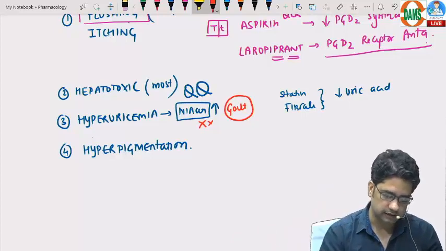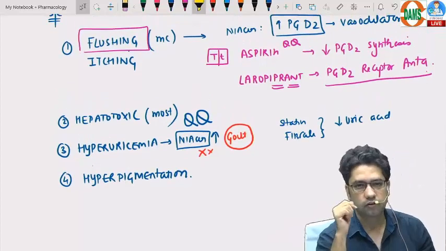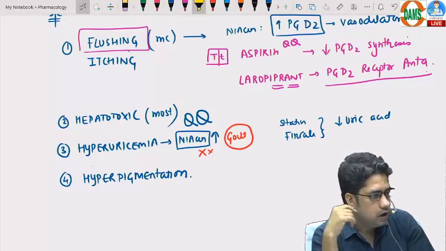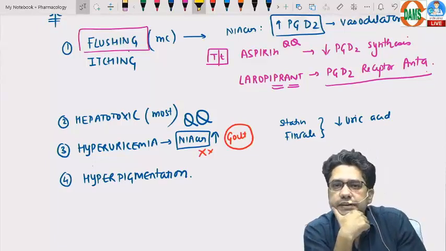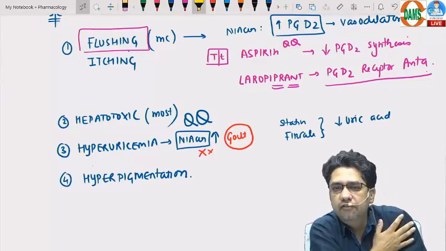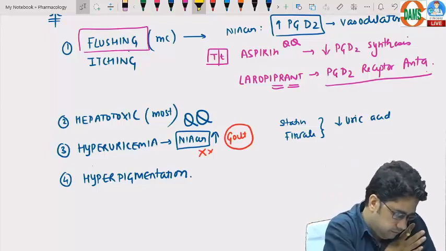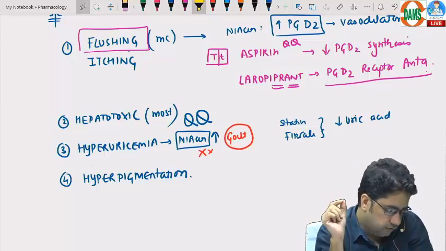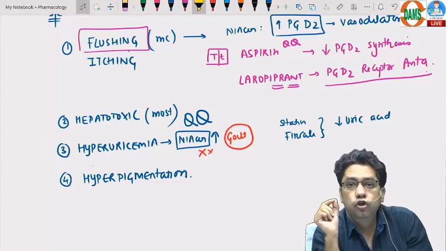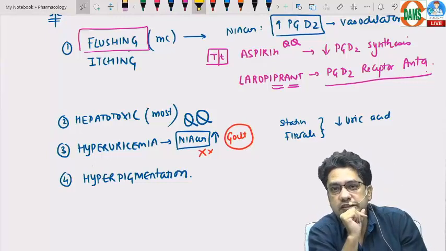My question now is a question from the NEET exam. Which of the following is not a side effect of niacin?